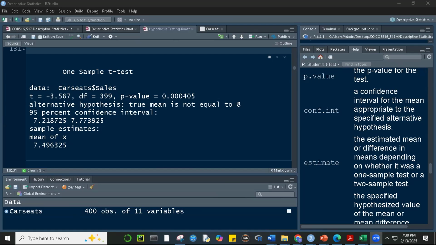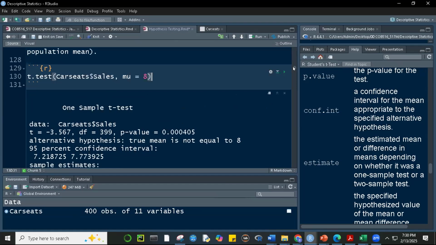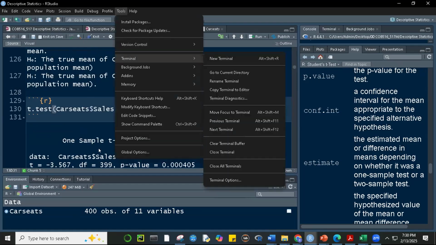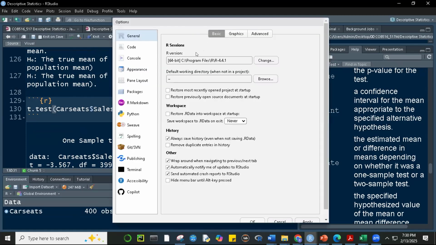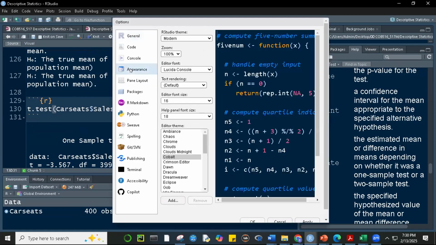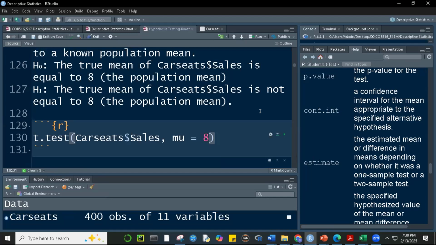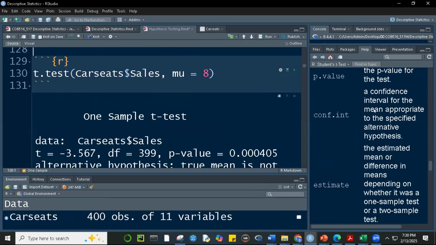Okay, the formula again. Sure. Let me show the formula again, this one. I think I should go back to the bigger appearance.